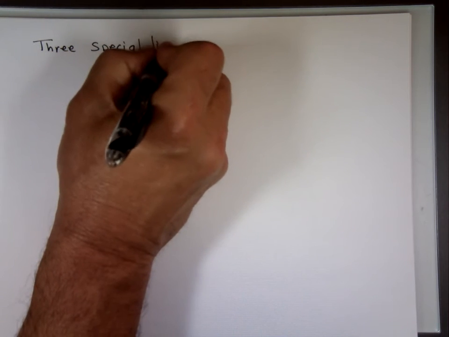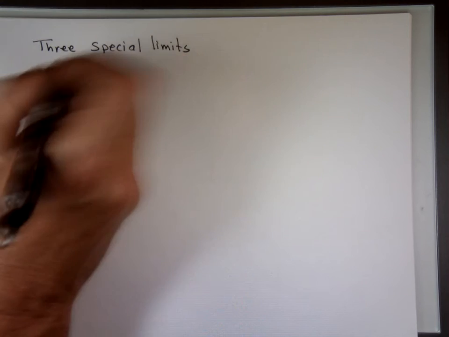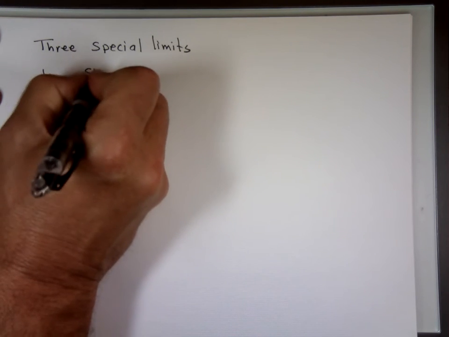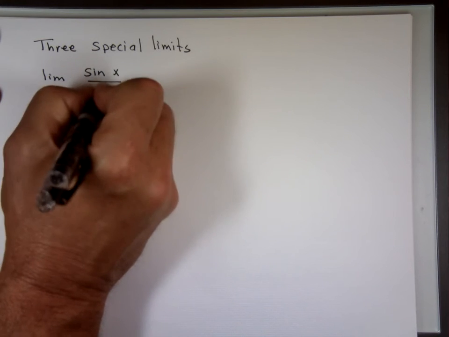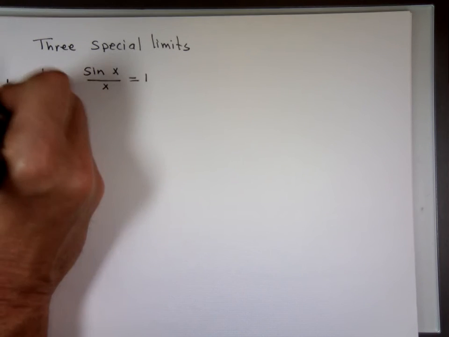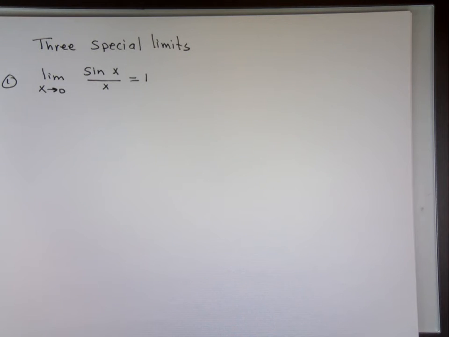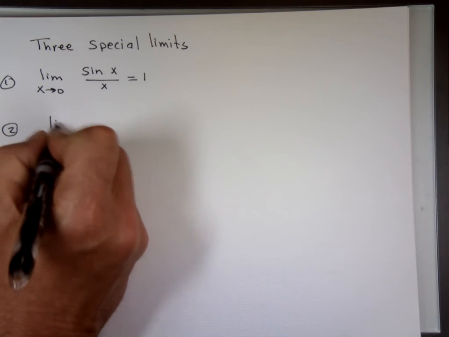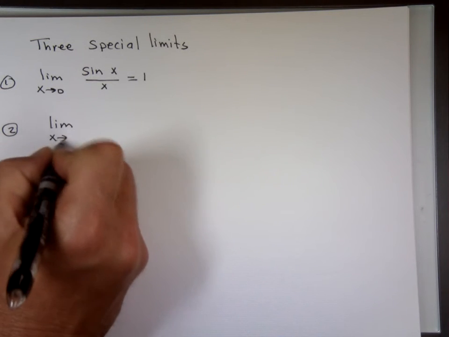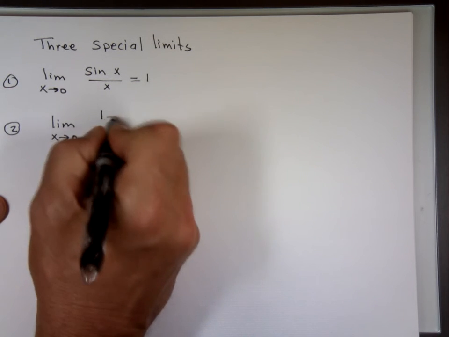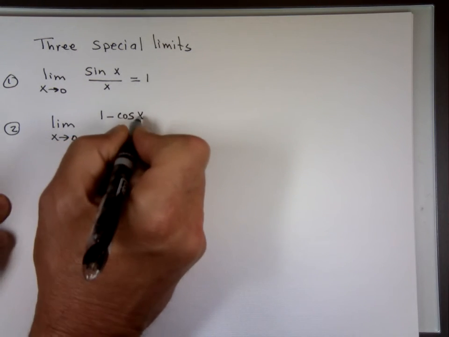The first one, the limit of sine of x over x as x approaches 0, that's equal to 1. The second one, the limit as x approaches 0 of 1 minus cosine of x over x, that's a 0.